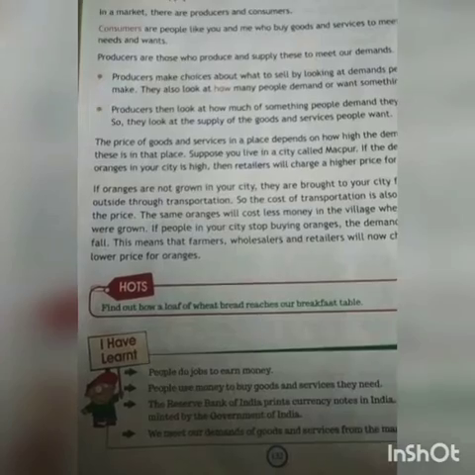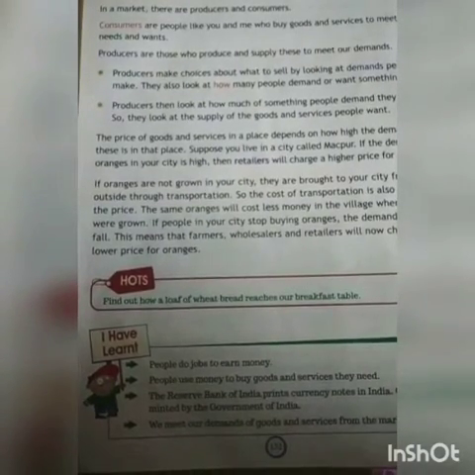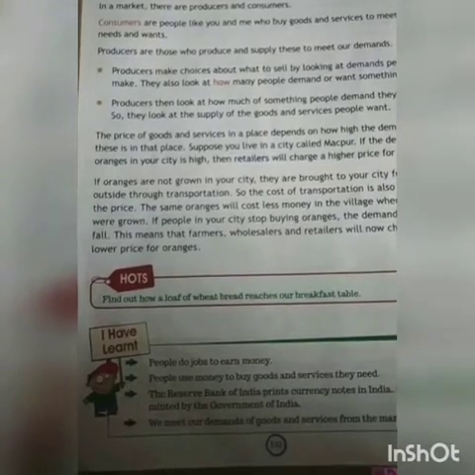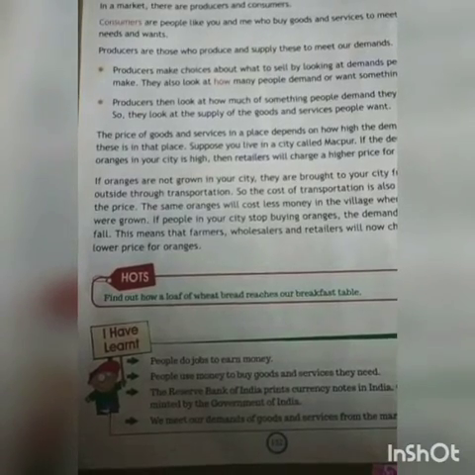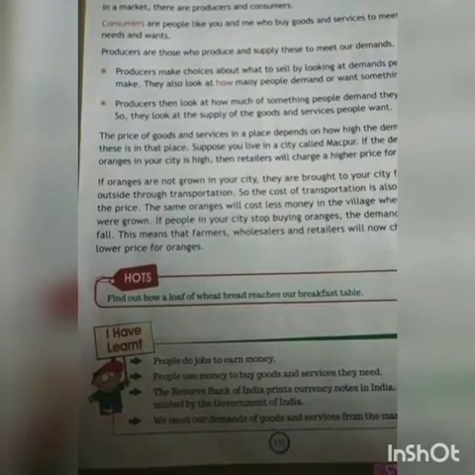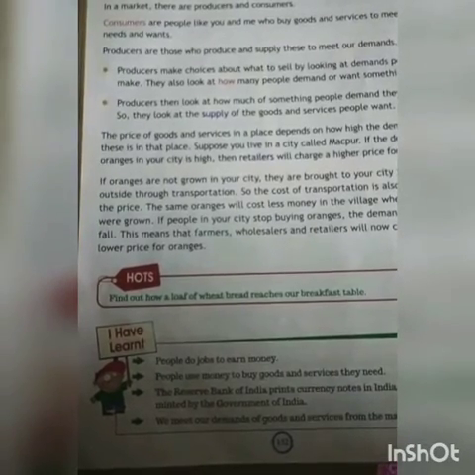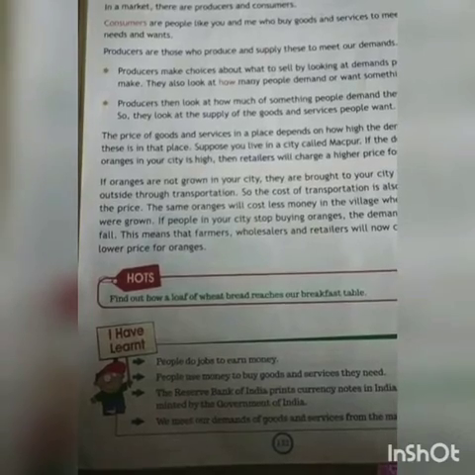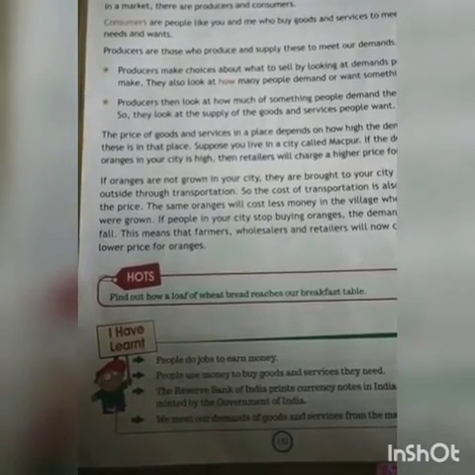So demand and supply. What is demand and what is supply? Basically, demand is nothing but the urge, or the amount of goods that is wanted by the people. The urge for the product or the goods.